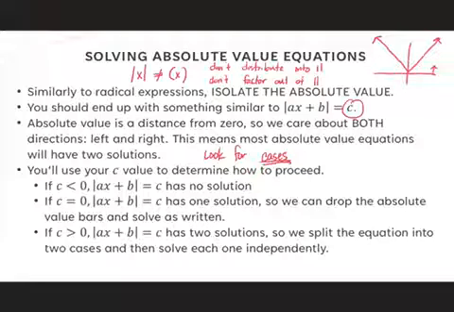So that one, we just say it doesn't exist. Okay? If it's exactly equal to 0, then I have one case, because there is no such thing as positive 0 or negative 0. Right? I can't do that. Well, I can, it just doesn't make any sense. So there's one case, and we just kind of drop the bars and we solve it as it's written.